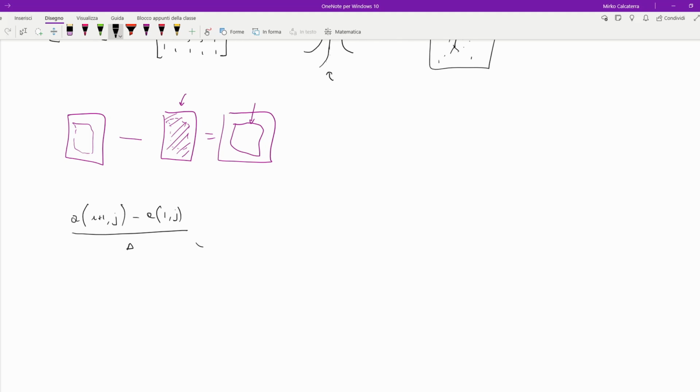The same holds for j plus 1 and j, or j and j minus 1. But these are not really used because they are not really efficient.